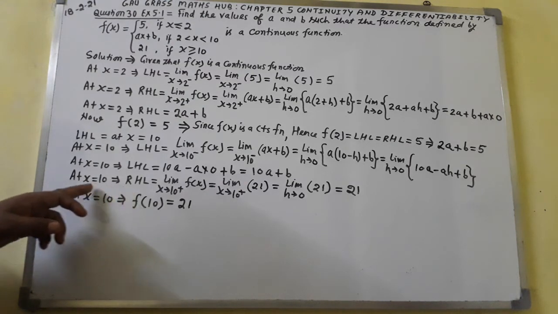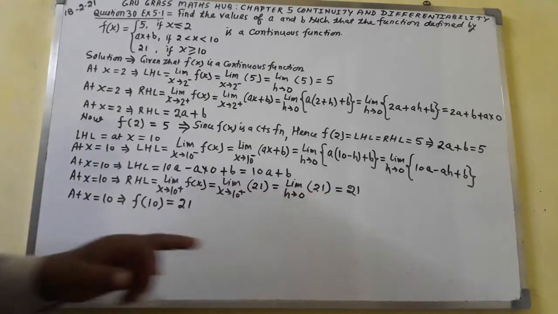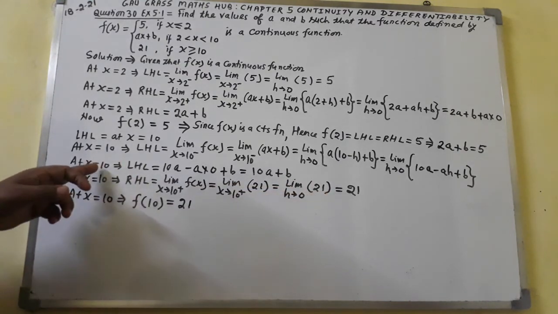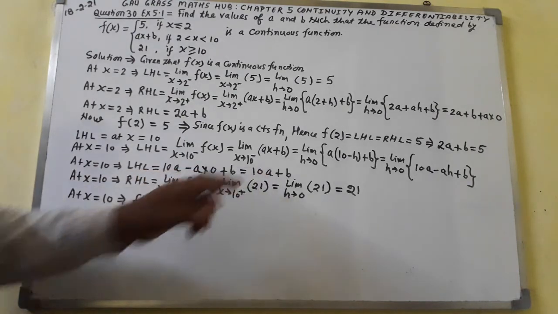The right hand limit at x equal to 10 is 21, and the left hand limit at x equal to 10 is 10a plus b.